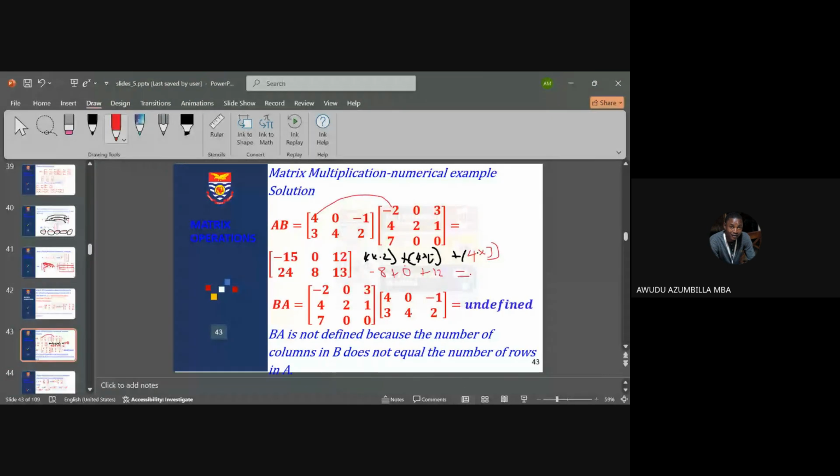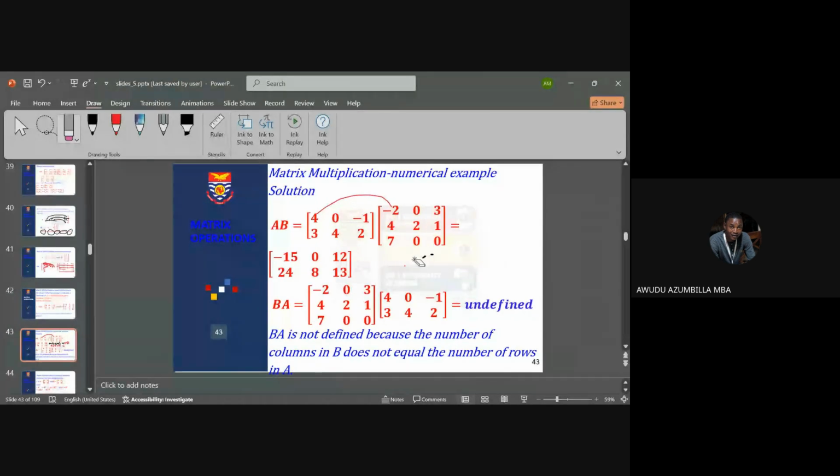What are we going to get in all? Positive 4.